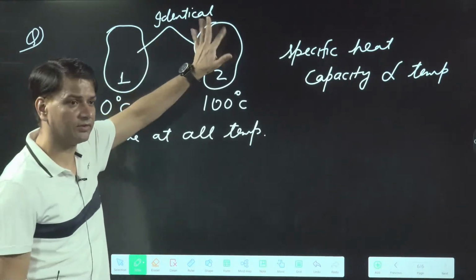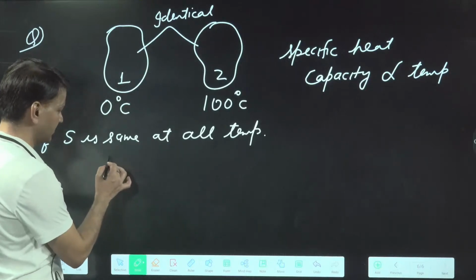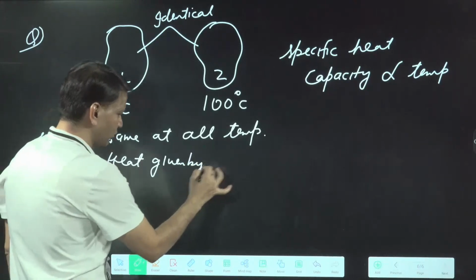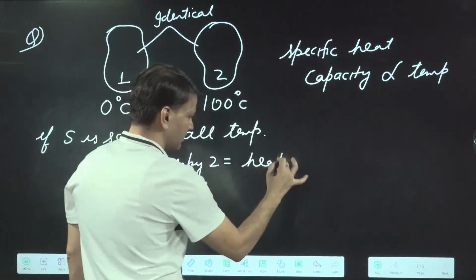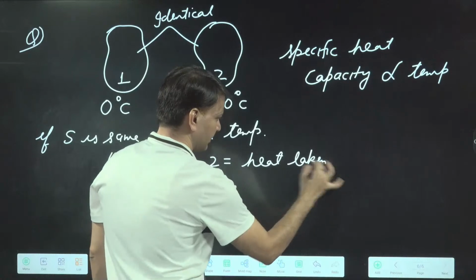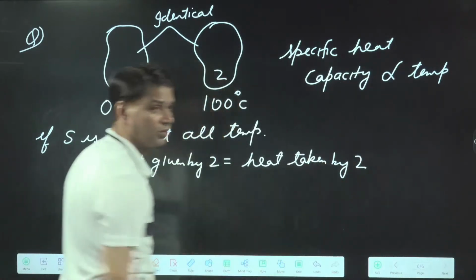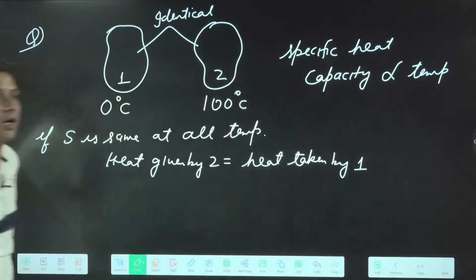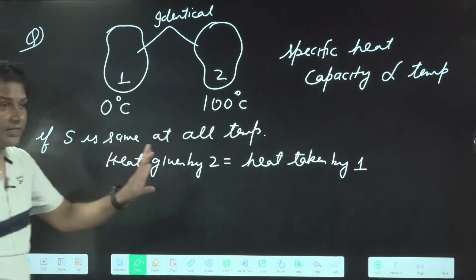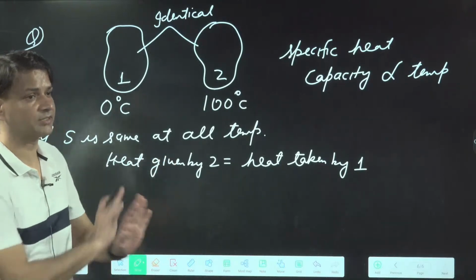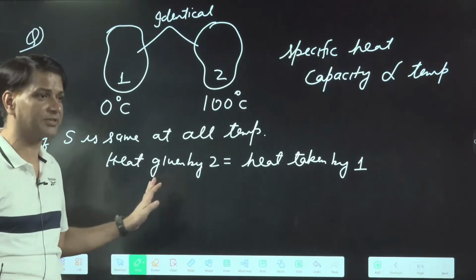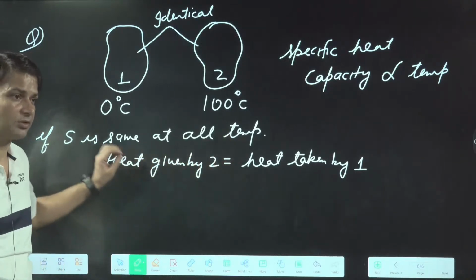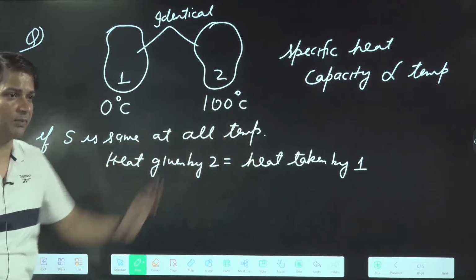Heat given by 2 is equal to heat taken by 1. When the specific heat is the same at all temperatures, meaning it does not depend on temperature, I am saying the answer first.